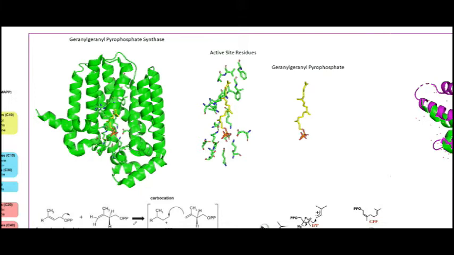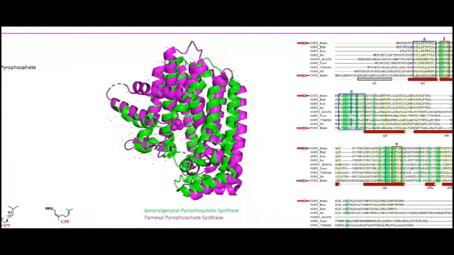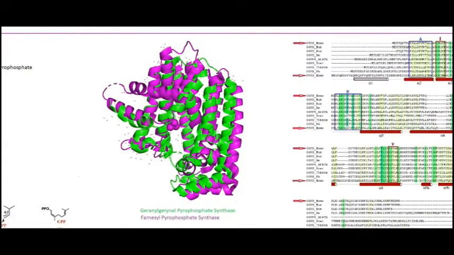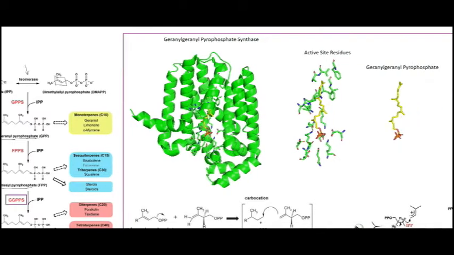And so we can see here, this is the enzyme for it, and just looking at the residues in the active site, we can look at it here, and then this is just the geranylgeranyl pyrophosphate. Over here I actually have the geranylgeranyl pyrophosphate and the farnesyl pyrophosphate, which is this enzyme here and this enzyme here.